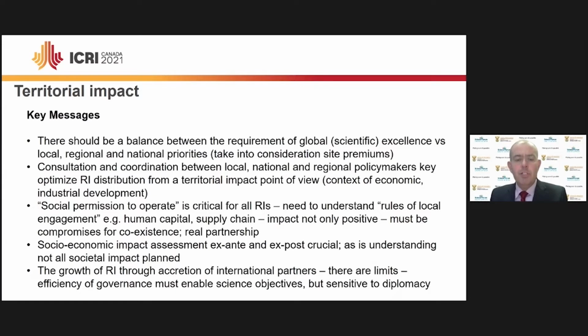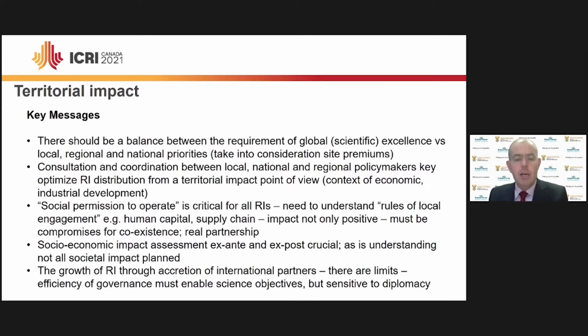Critical for all research infrastructures, and from those who shared that experience, was that in order to maximize this territorial impact, what is needed in addition to the legal and other permissions to operate is the social permission to operate. Research infrastructures need to understand the community, understand practices, the local rules of engagement of the environments where they're located. This could, for example, pertain to human capability or supply chain.